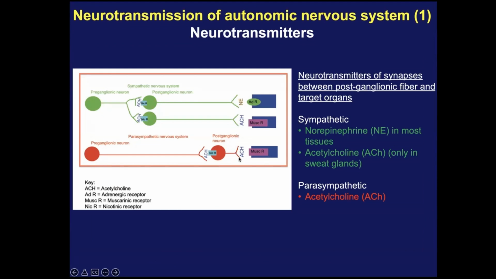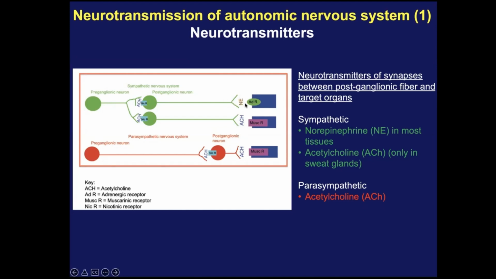Here we can see the neurotransmitters used for the synapse between the post-ganglionic fiber and the target organs. Here, the green color indicates the sympathetic nervous system.